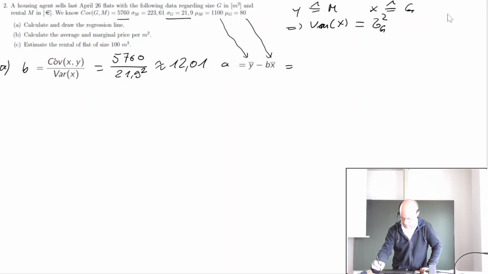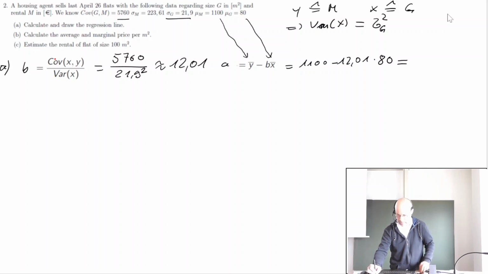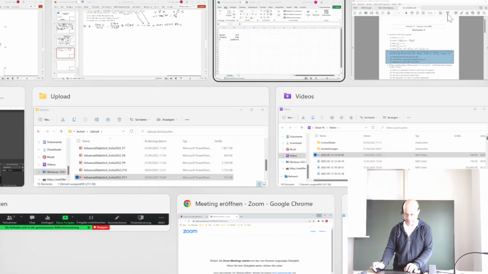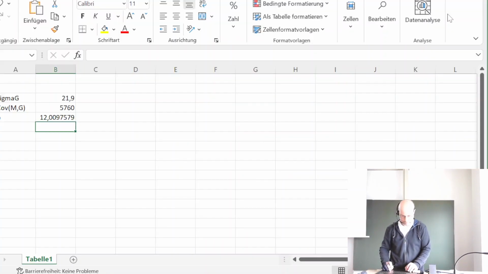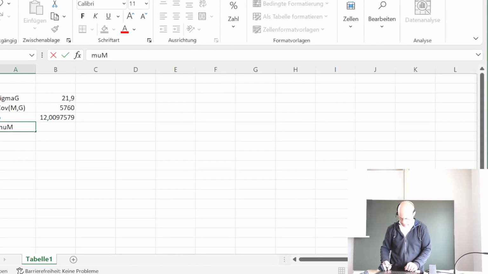So we obtain 1100 minus 12.01 times 80, where mu m was 1100 and mu g was 80.